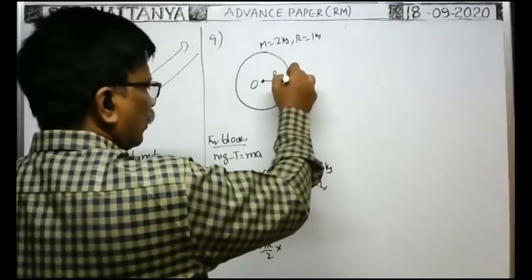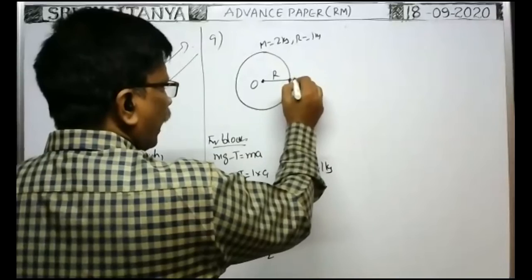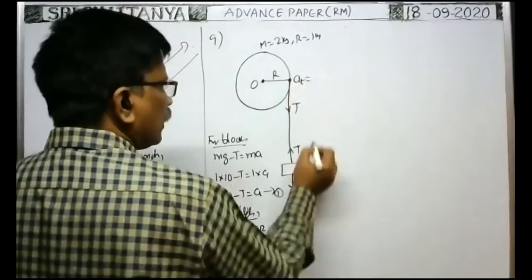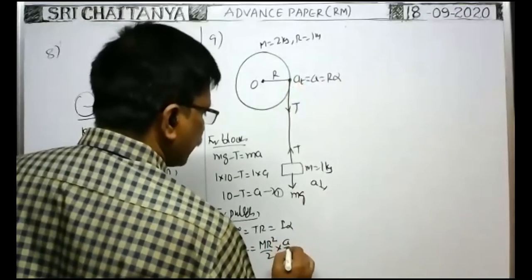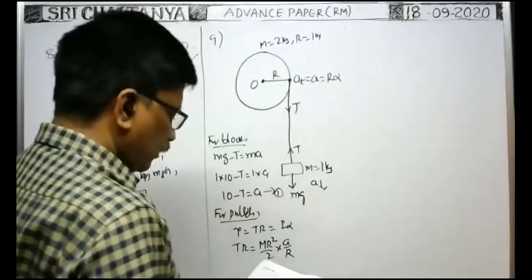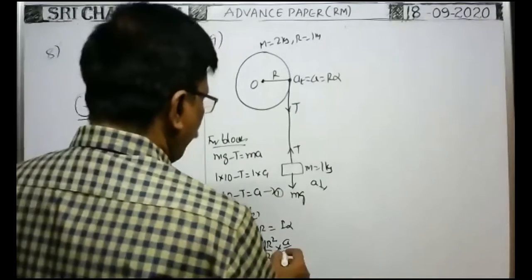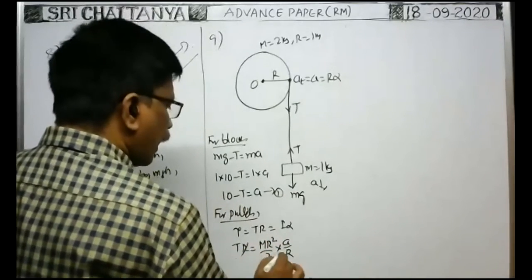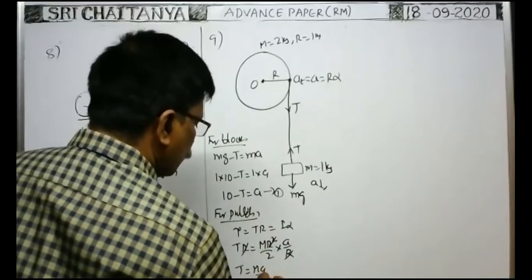As it is coming down without slipping, this point has tangential acceleration equal to this a only, which is equal to R into alpha. From that, alpha can be written as a by R. Therefore, this R square and this R cancel. So T is equal to M a by 2.